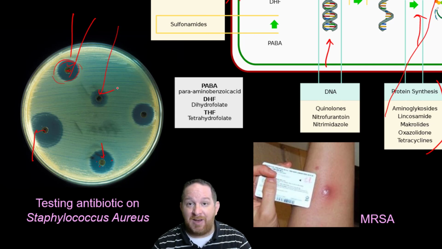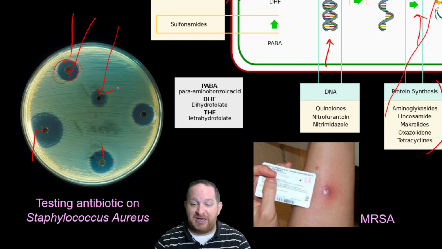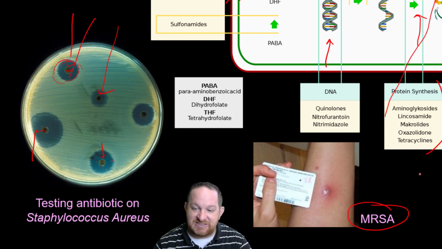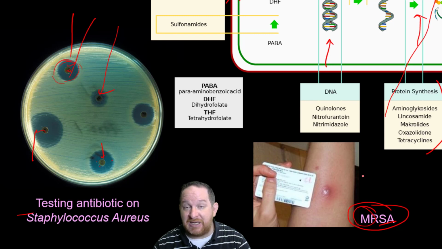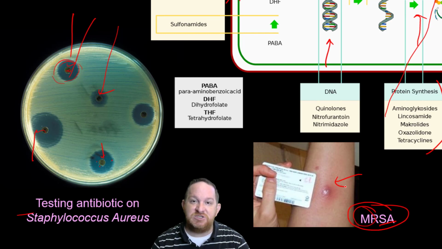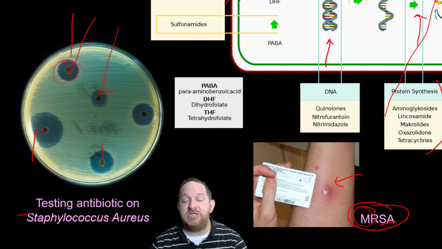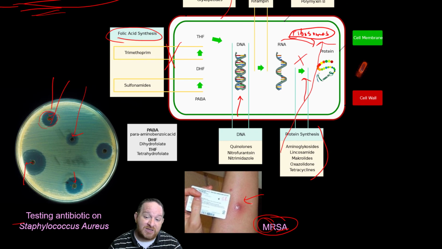One you hear about a lot is MRSA, methicillin-resistant Staphylococcus aureus. It's this bacteria here, Staphylococcus, but it's become resistant to methicillin and some other antibiotics. So a MRSA infection can be pretty damaging because it doesn't respond to a lot of our antibiotics. So we have to continue to develop more and more antibiotics to fight against these infections.